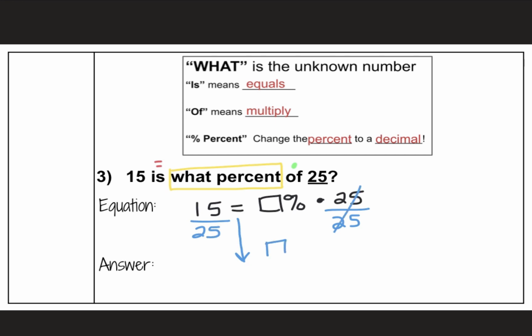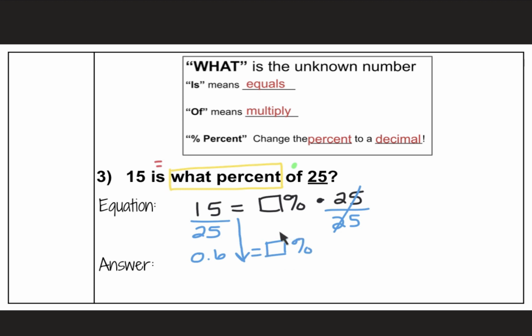That's going to leave me with my percent equals, now take 15 25ths right here, change it into a decimal, move it, 15 divided by 25, what do you get? I get 6/10.